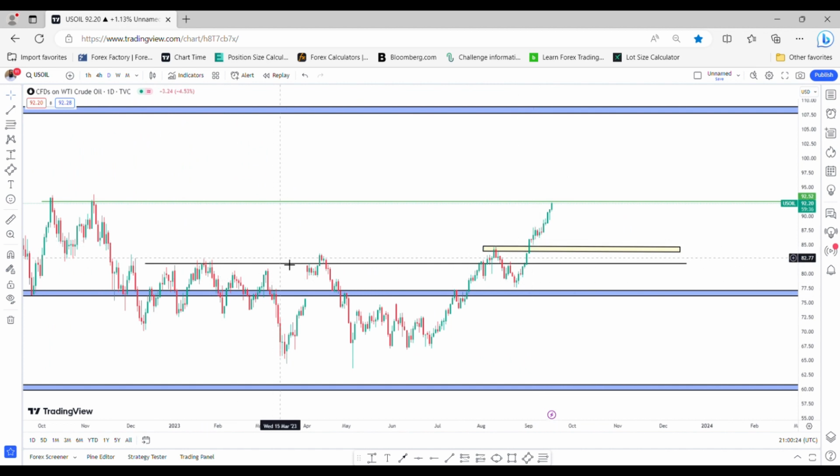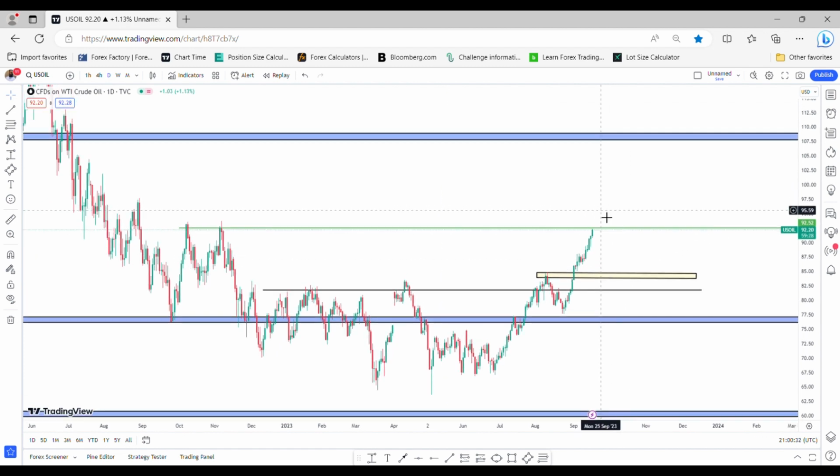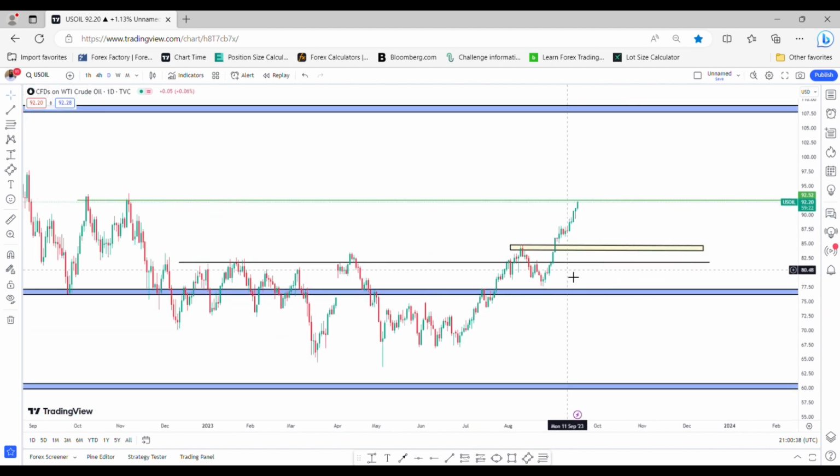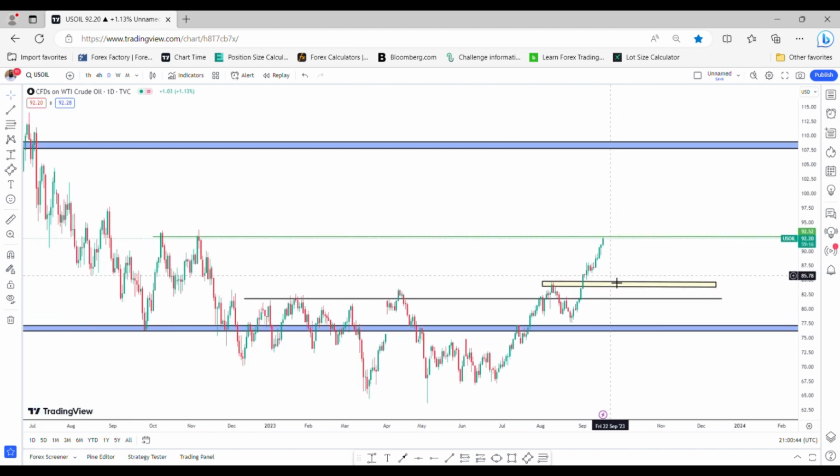So if oil does not break the $92 area, what's most likely going to happen is we might just see a pullback to the downside to around $84 per barrel. Like I said, if you look at this chart very well, oil has been overbought. We might just see oil pull back to potentially continue to the upside.